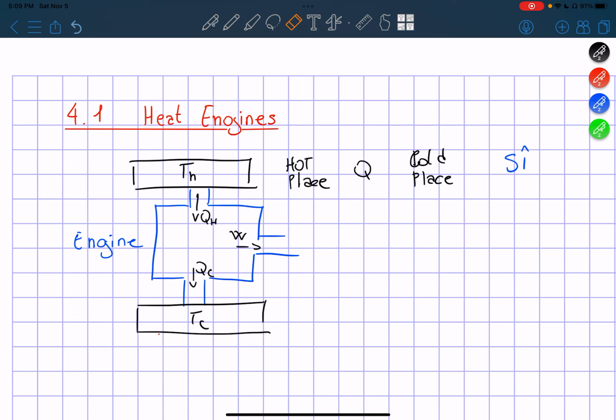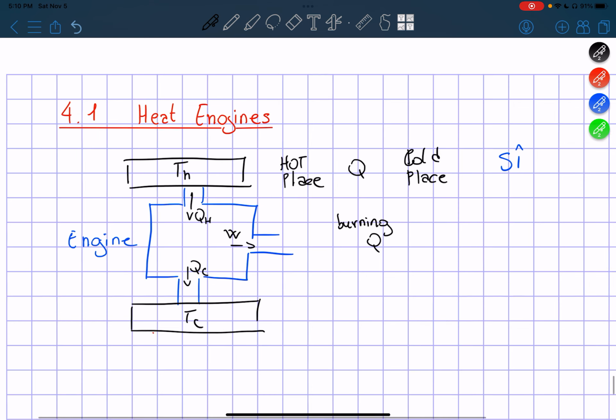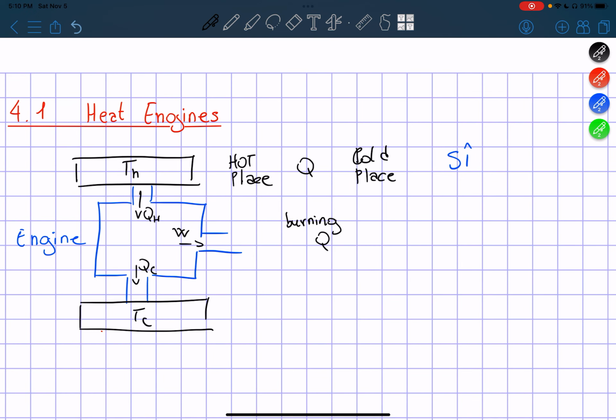If you imagine an engine of a car, which is not exactly an engine, but you get the point, it takes heat from burning of the gases, the petrol, fuel, whatever you want to call it, and then it makes it become work, or the car moving. However, not all of it has been transformed into energy for the car moving.